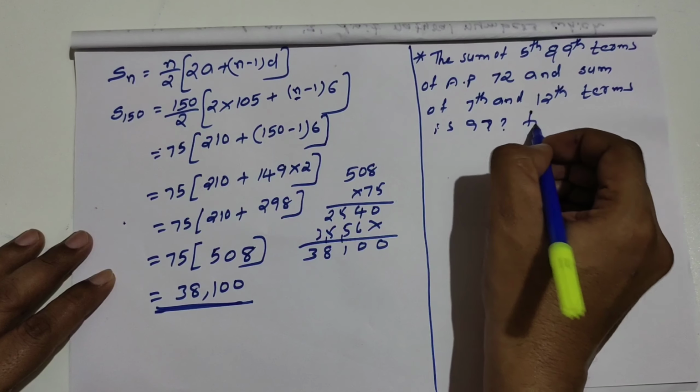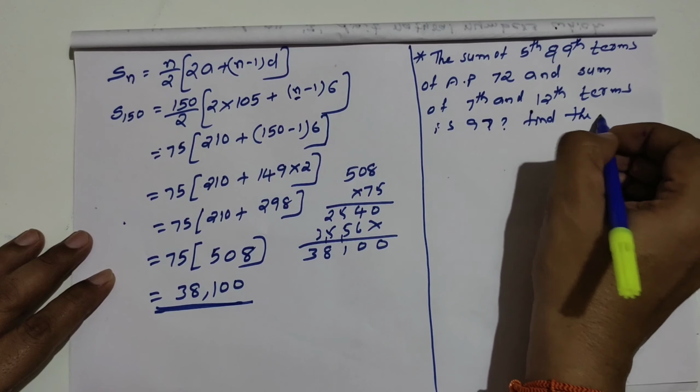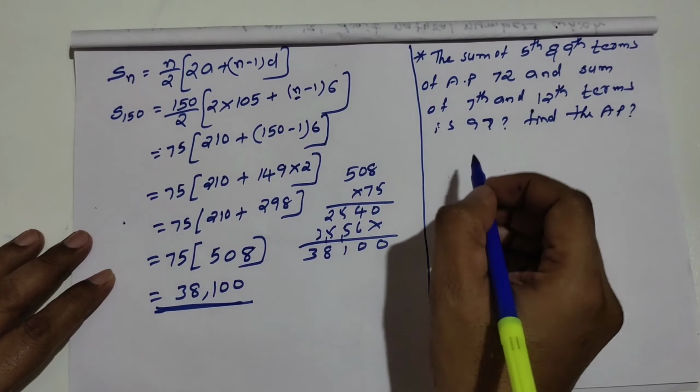Then find the AP. Find the AP, that means we have to write the progression.